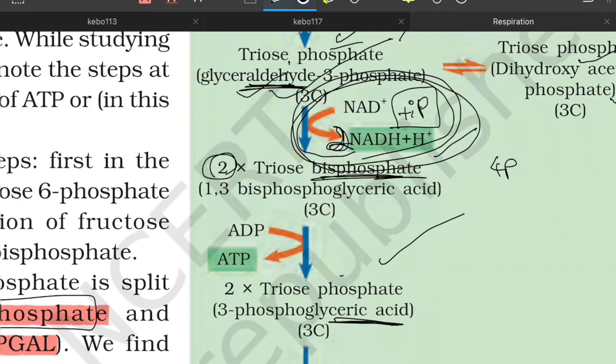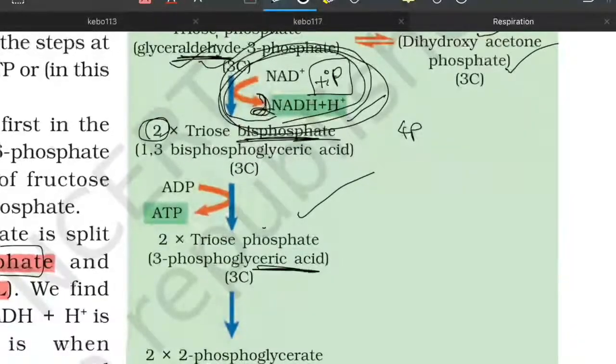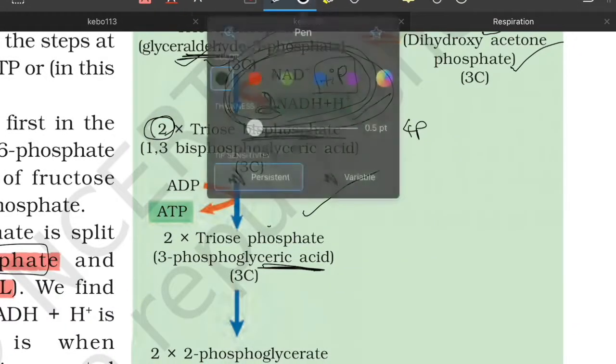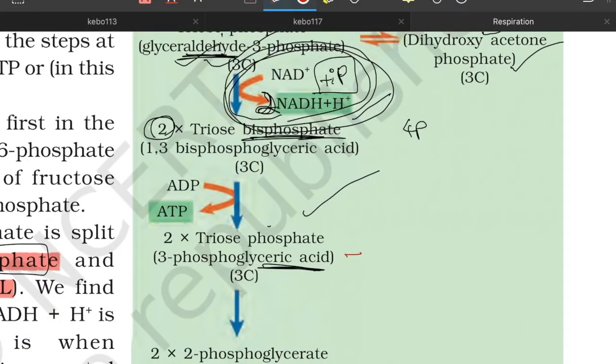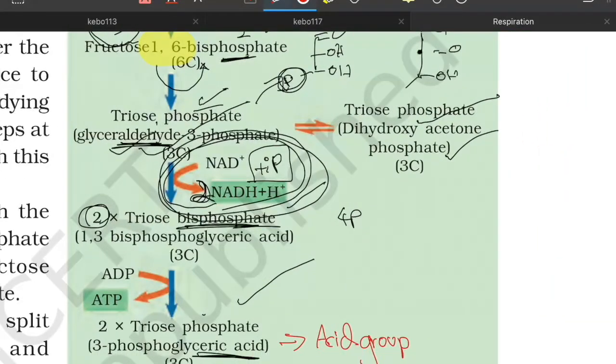Although both are triose phosphates, here it is glyceraldehyde 3-phosphate, and here glyceric acid 3-phosphate. This is something you should note. This is the acid group, and this one is the aldehyde group.